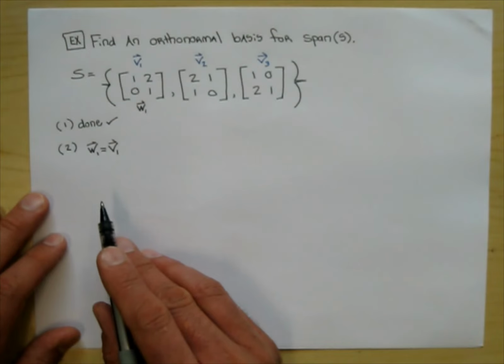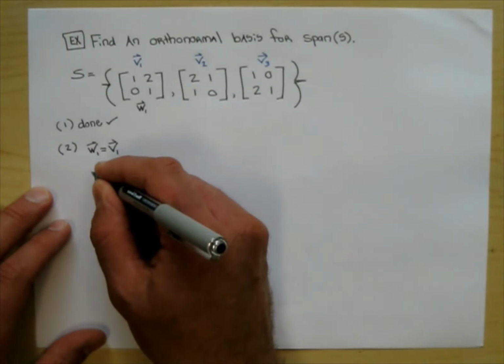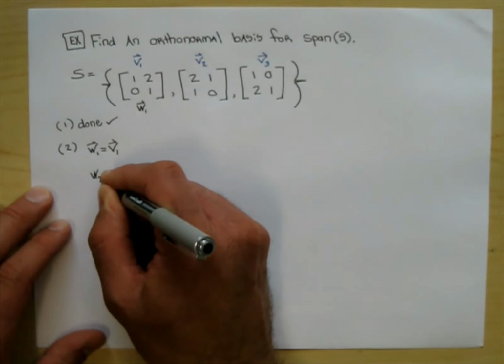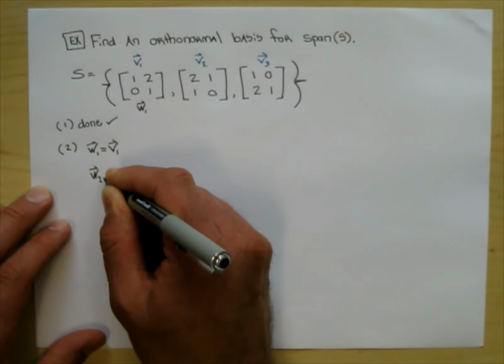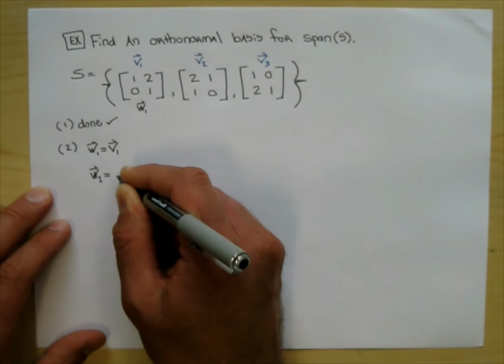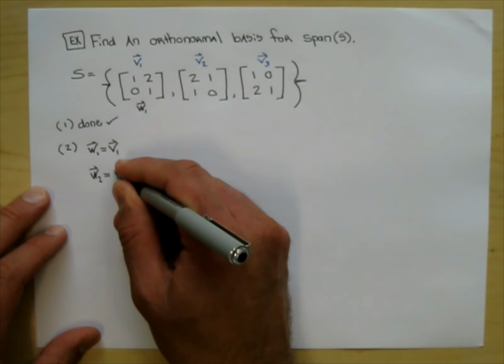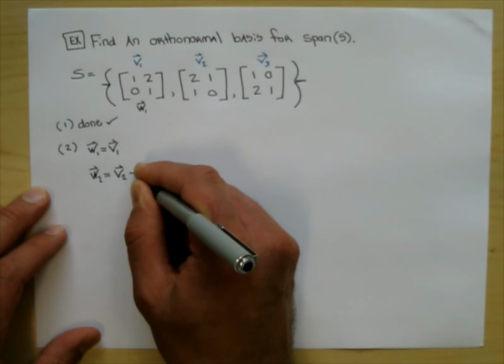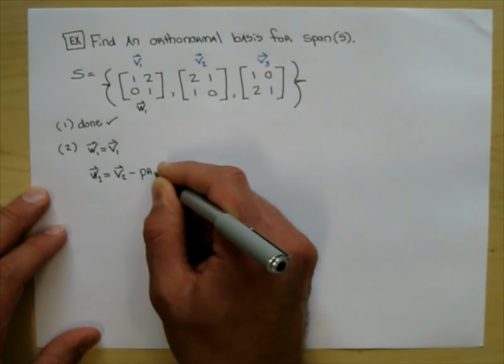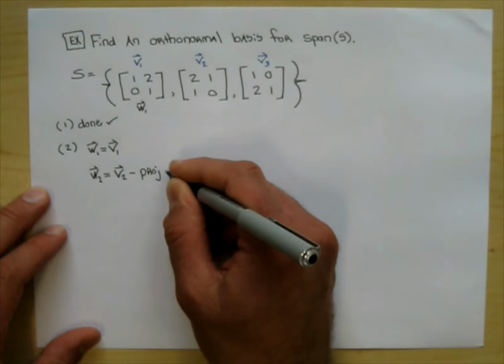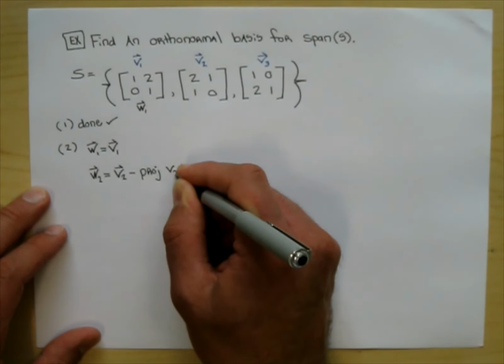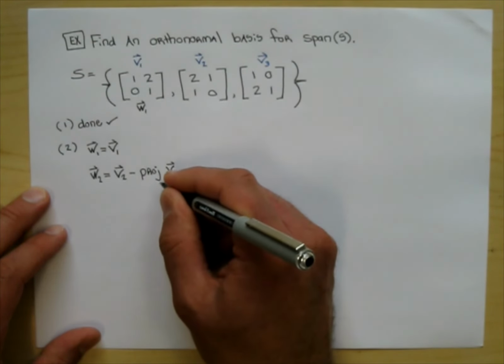Okay, the next thing on the definition says W2 equals, so I'll write out the one that was on the right hand side. It equals V2 minus the projection of V2 onto W1.